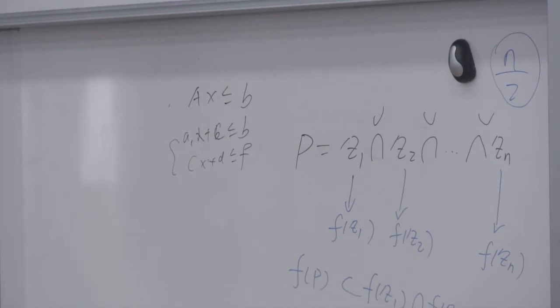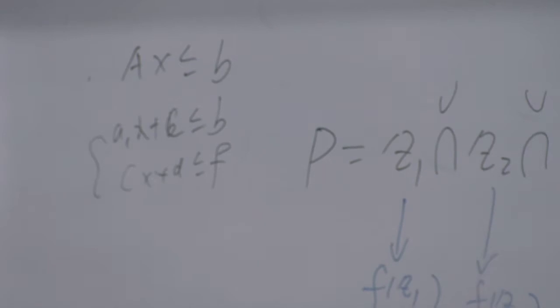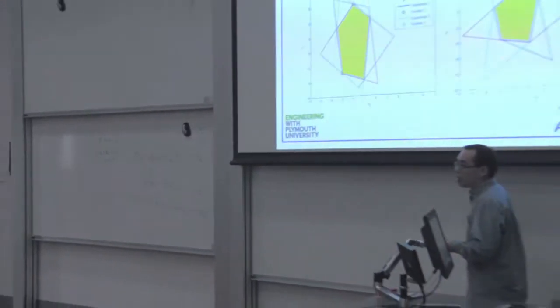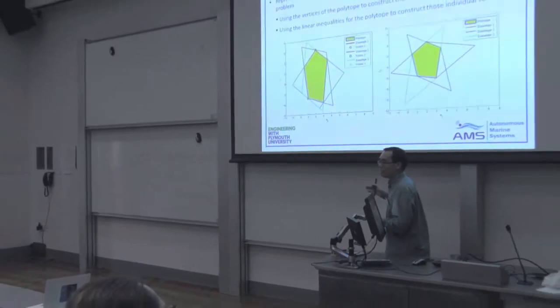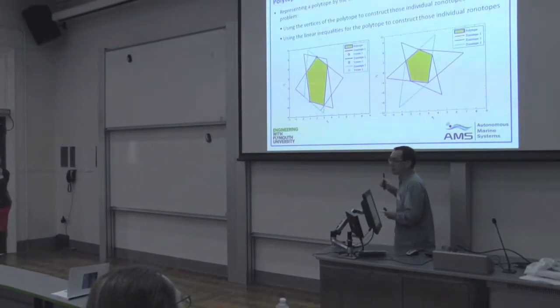No, it depends on how many linear inequalities are in your polytope. Every time you just take out two linear inequalities like this one here. You use these two linear inequalities to construct the zonotope, like here, the red one.